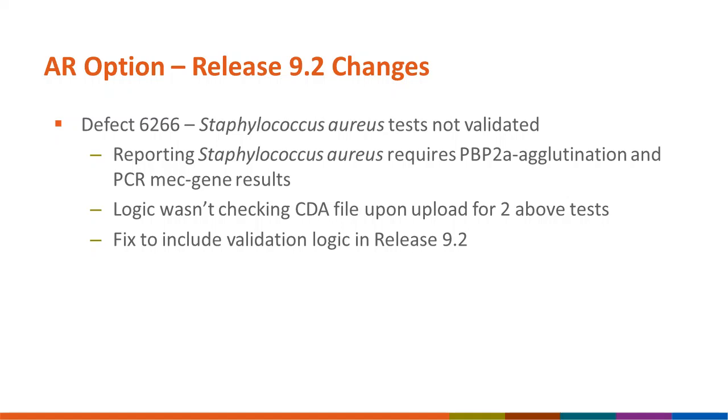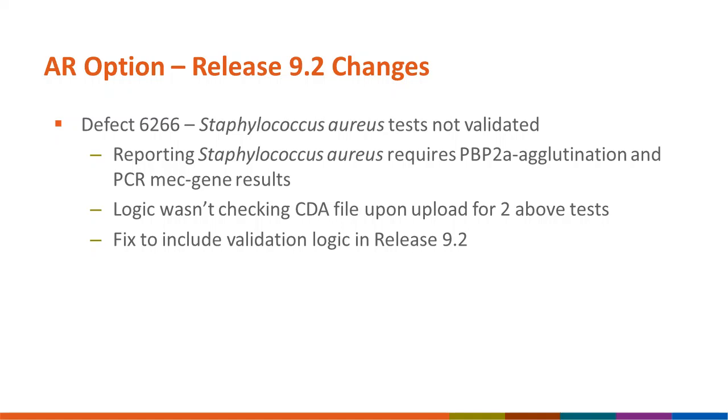Next is defect 6266. As noted in the NHSN AUR protocol, for Staph aureus, there are 2 additional susceptibility tests that should be included in the CDA file, the PBP2A agglutination and the PCR MEC gene. Upon import, the NHSN application was not checking whether or not these 2 tests were included in the CDA file.